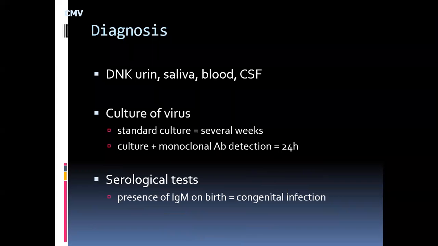Now, how can we diagnose a case of cytomegalovirus? We can take specimens from urine, saliva, blood, and cerebrospinal fluid. They can be helpful for the diagnosis. The culture of the virus can also be done.